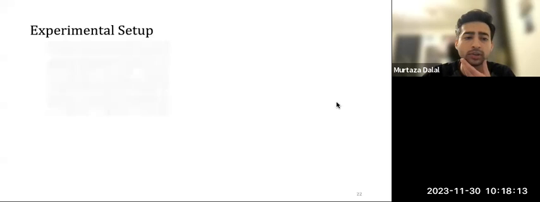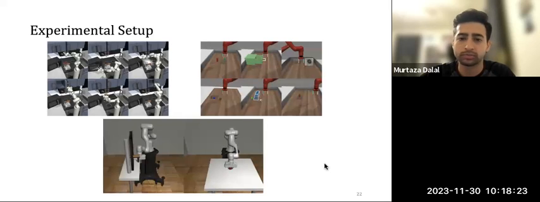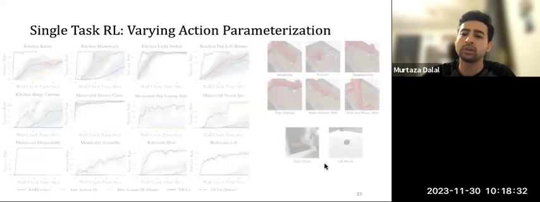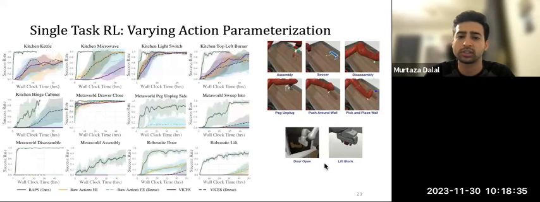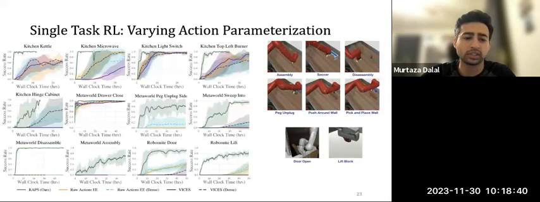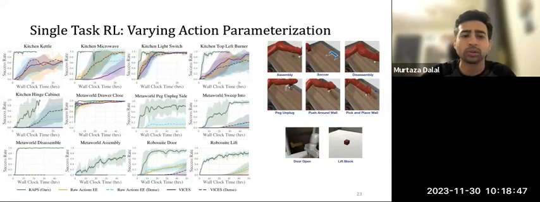In terms of our evaluation environments, we evaluate on three different environment suites: MetaWorld, Kitchen, and RoboSuite, which contain a variety of different challenging manipulation tasks. First, we test across all the tasks in our suite, and we try to evaluate if different action parameterizations, such as end effector control, which is shown in orange, and VICES, which outputs the parameters of the end effector controller alongside the end effector commands themselves, can outperform WRAPS, which is shown in green.